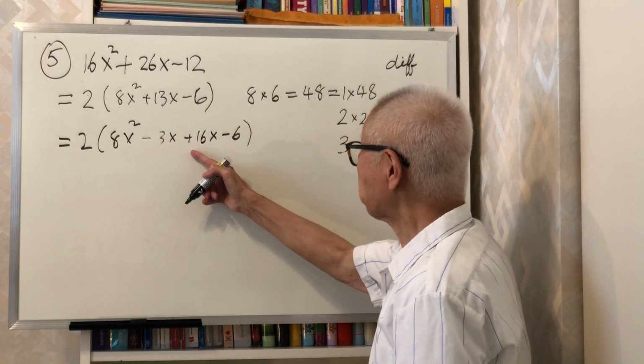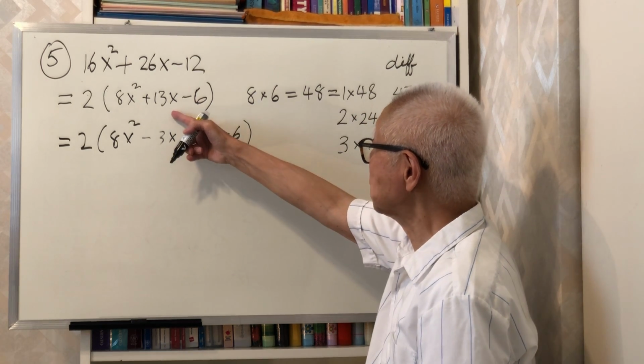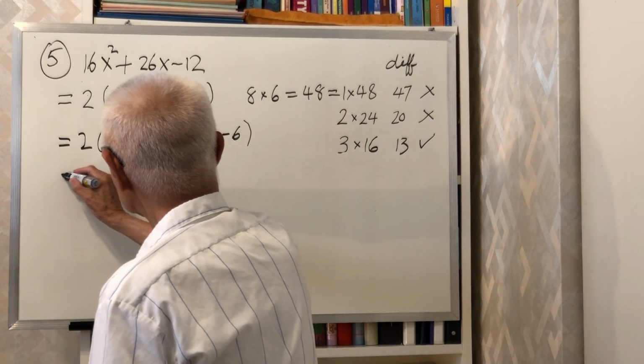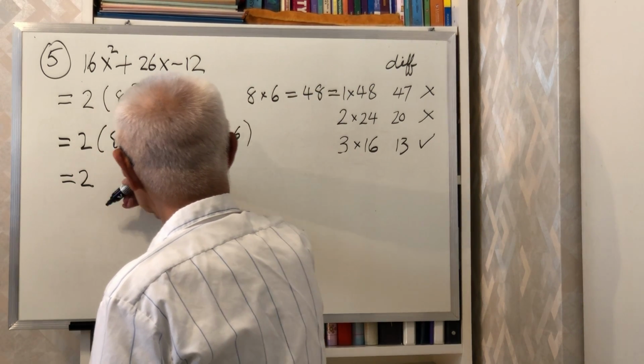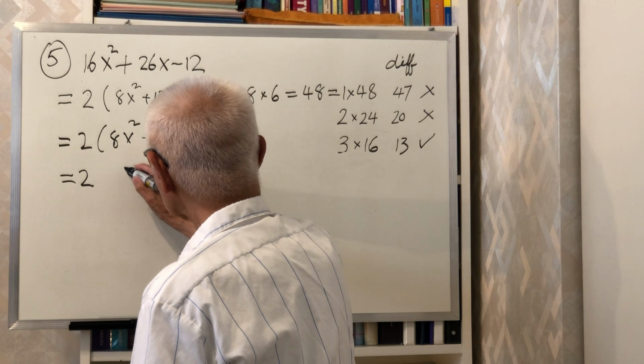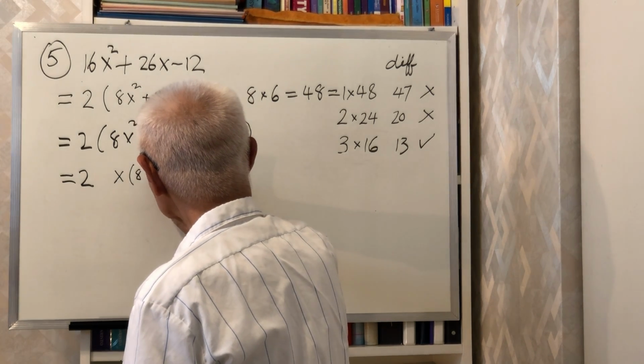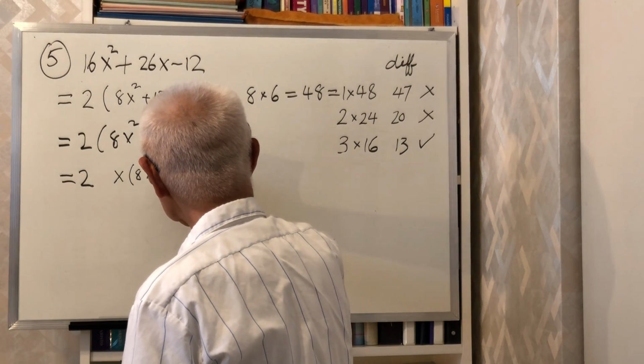Minus 3x plus 16x gives me plus 13x. Now here I can factor out x, and then I have 8x minus 3.